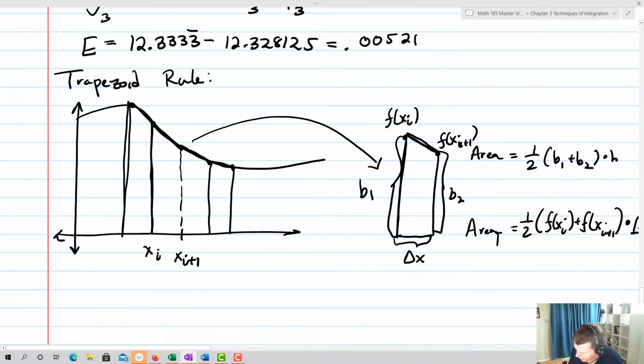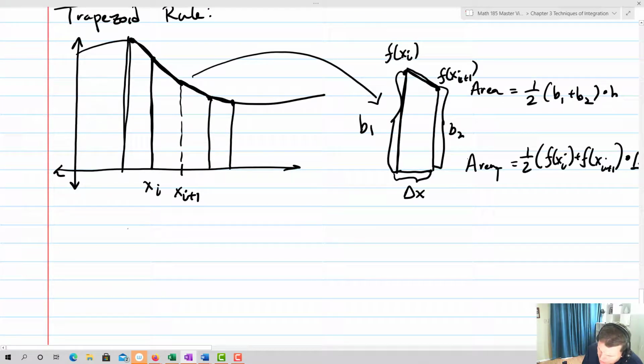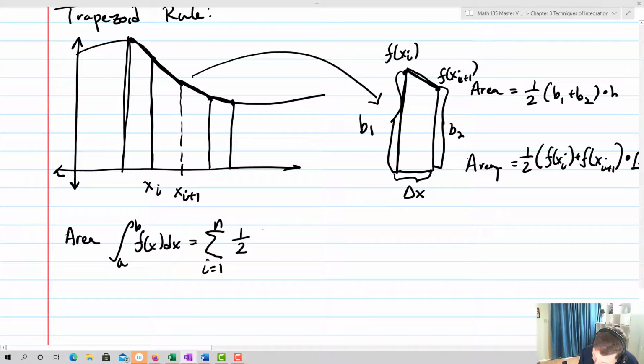So if I were to rewrite all of that, under the trapezoid rule, my area, or my integral of f of x dx from a to b, will end up equaling the sum from i equals 1 up to n of 1/2 times f of xi minus 1 plus f of xi, times delta x, because we're going to start at 1.